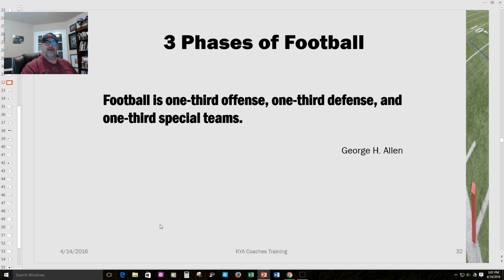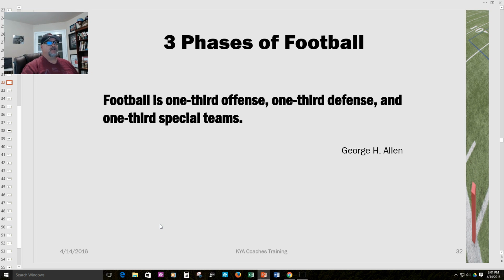I think we're about on our 8th article and video blog, so we're starting kind of the meat of the presentation now, really probably what everybody's most interested in, the 3 phases of football. George Allen, the coach of the Washington Redskins back in the 70s, said football is 1/3 offense, 1/3 defense, and 1/3 special teams.